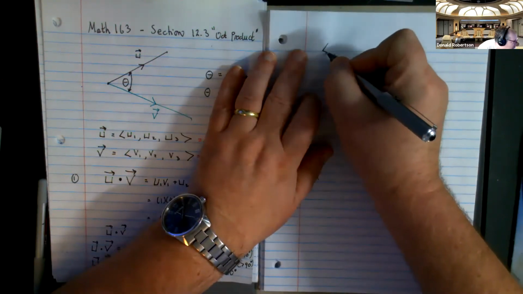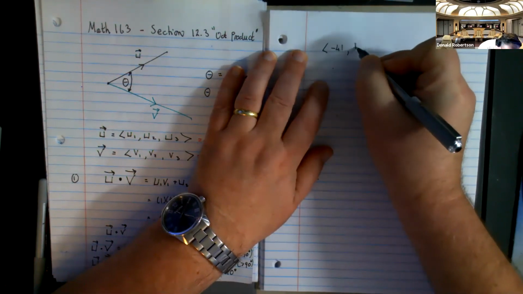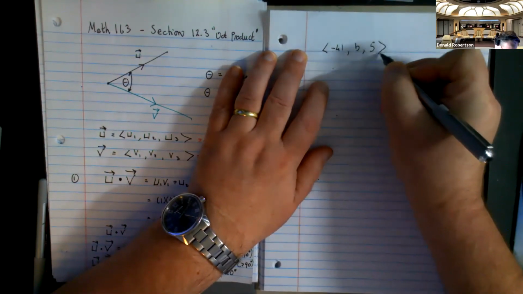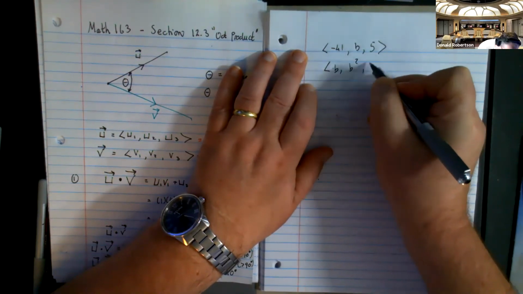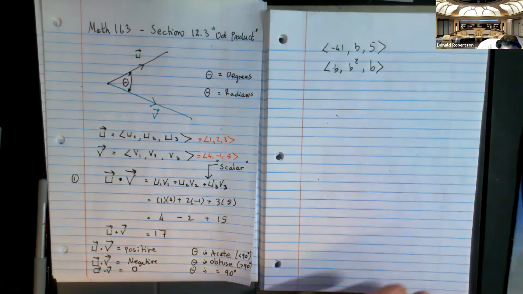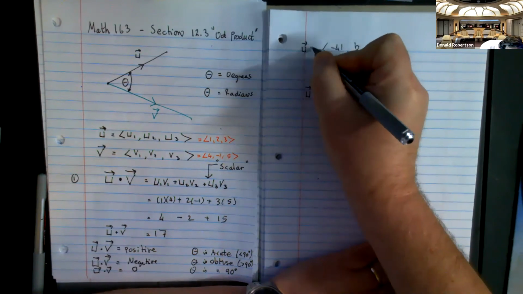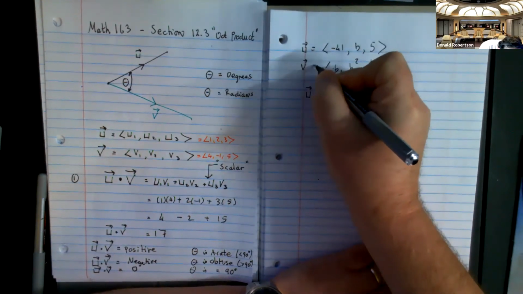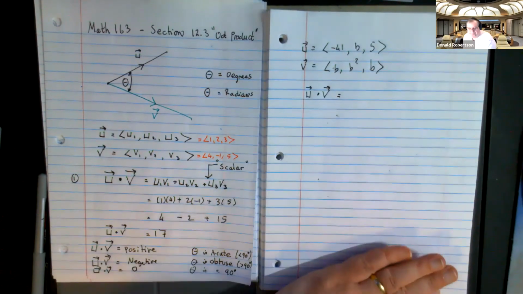We get two vectors: -41, b, and 5. And the other vector is b, b squared, and b. Call this U, I'll call this V. I'd like to know the dot product.